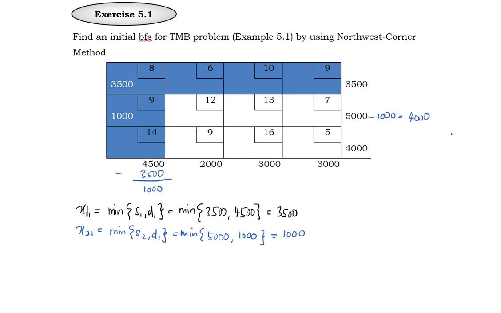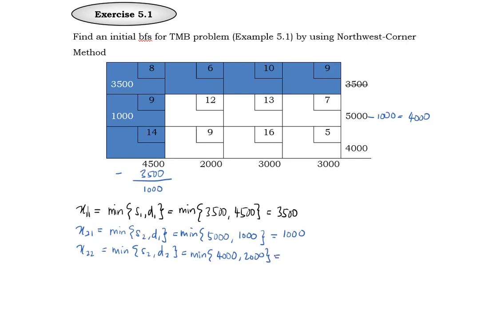Continue applying this procedure to the most northwest cell in the tableau that does not lie in a crossed-out row or column. The most northwest available variable is now x22, and the value is the minimum of S2 and D2. So we compare 4,000 and 2,000.